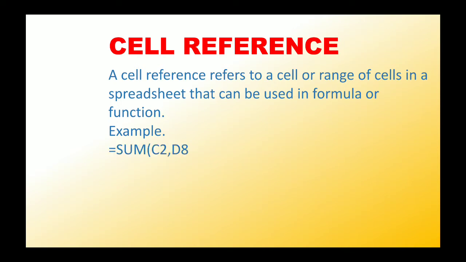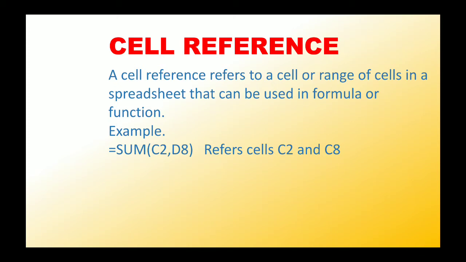For example, you can see here =SUM(C2,D8) refers to cells C2 and D8. In this function two cells have been used, C2 and D8. These are the cell addresses or cell references in this function.